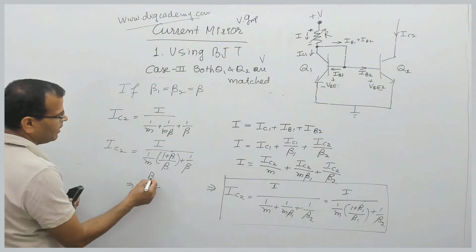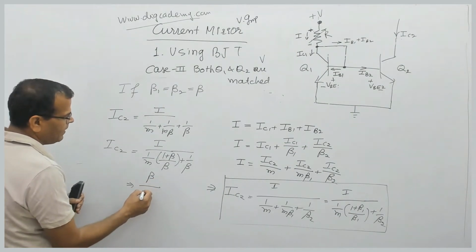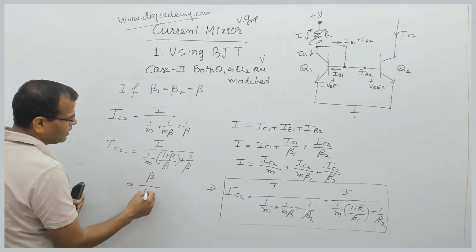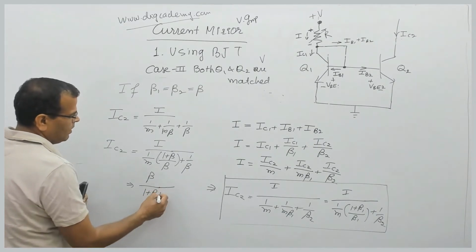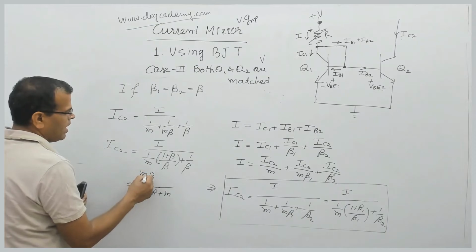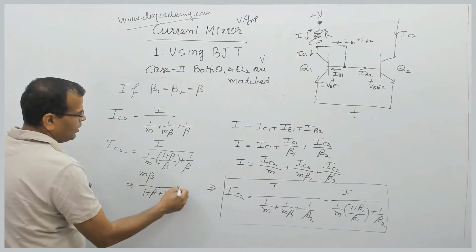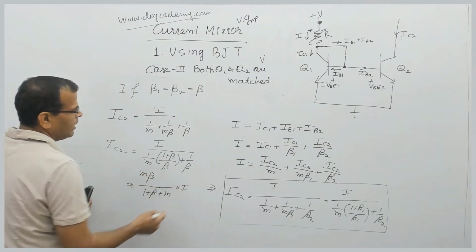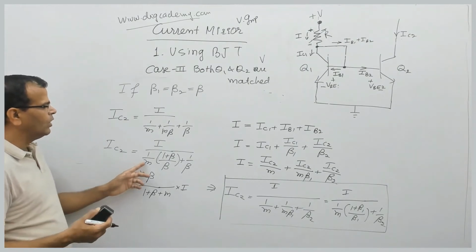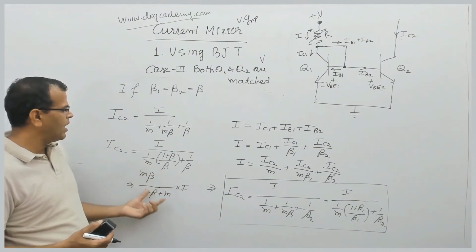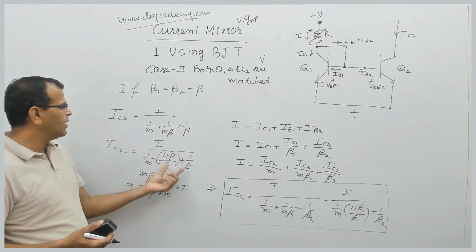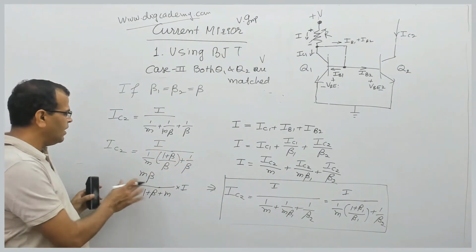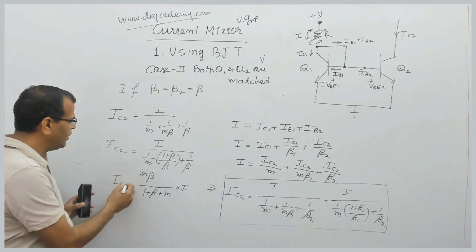You will have beta by 1 plus beta plus m beta into current I. I'm just taking the LCM of this. You can take m beta in the numerator. So what will be there? It will be m here, 1 plus beta here, and m into beta in the numerator. So that is IC2.